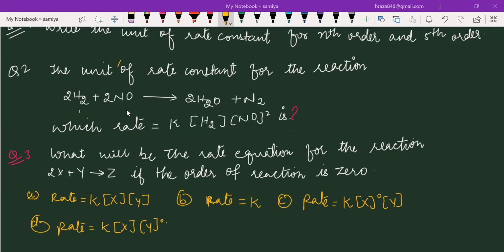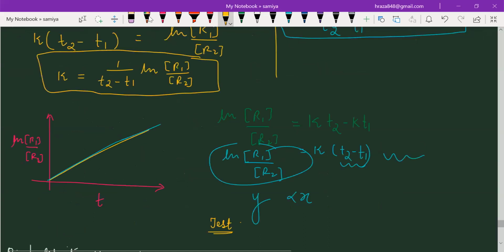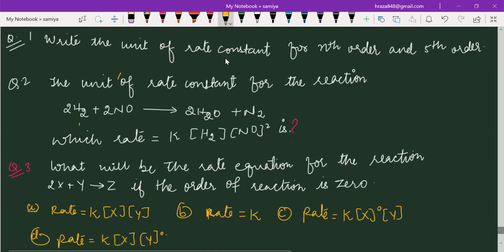So can you explain me the first one? First one is how to get the nth order. See, basically, are you talking about this? Yes, sir.